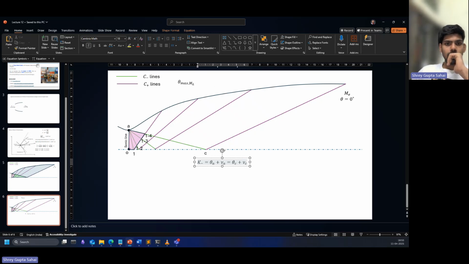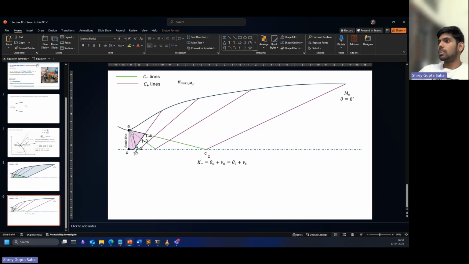What else do we know about it? Then let's call this final point, let's say B, and let's call this C.